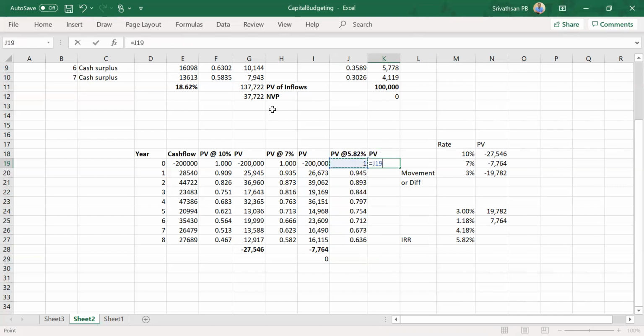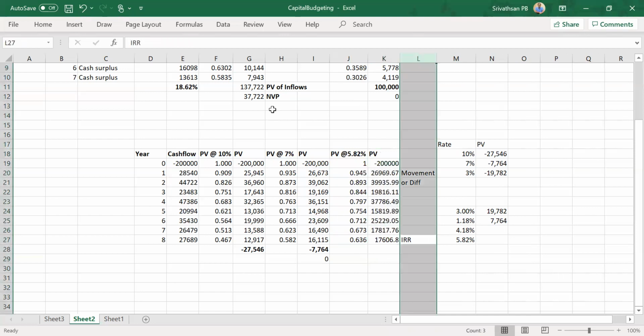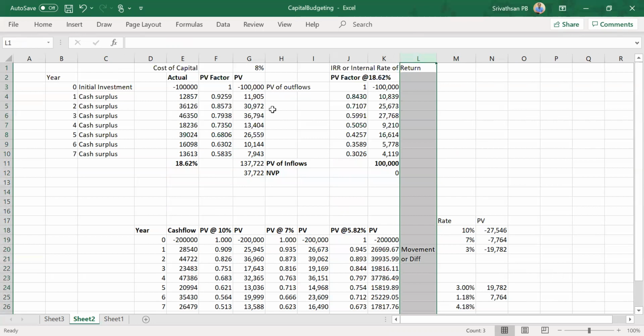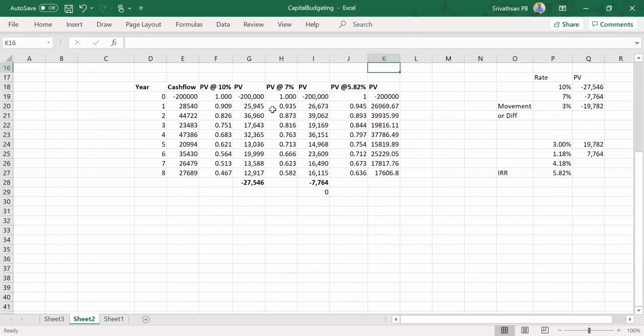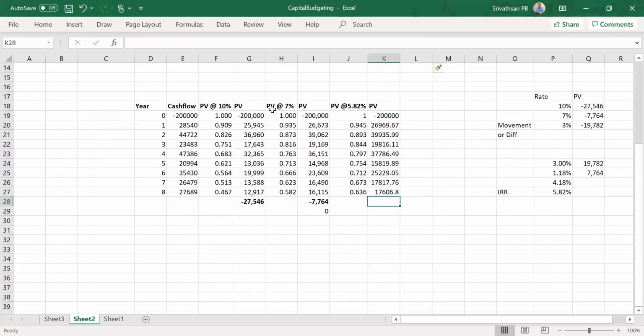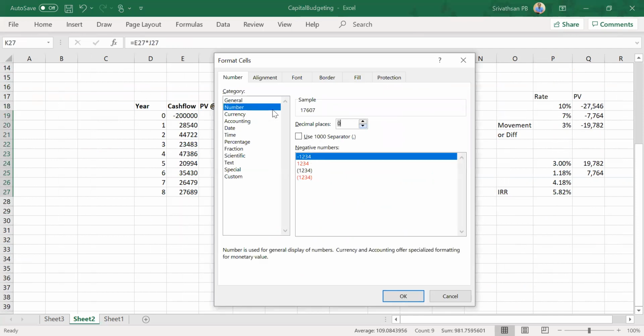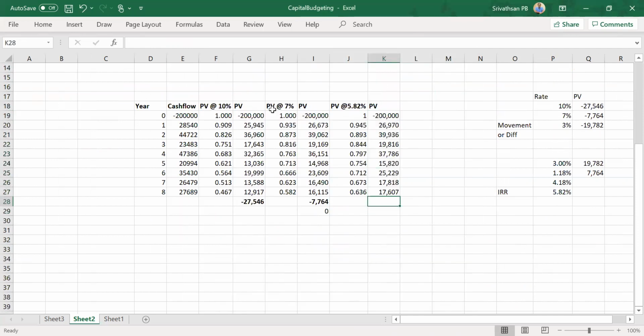So PV at this rate times this. Okay, so the magic should happen. Unfortunately not. 5.82 gives us a positive PV.